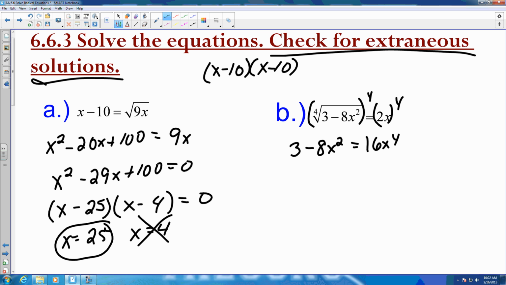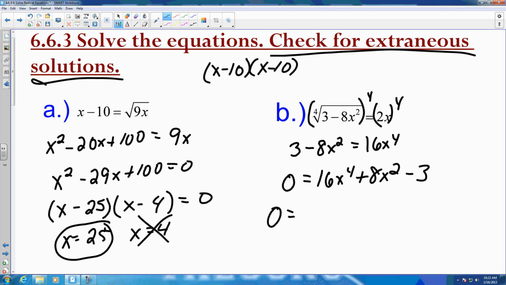Now I want to have my largest degree, which is x to the fourth, as a positive coefficient. So I'm going to move everything to the right-hand side of my equal sign. So I'm going to have 0 equals 16x to the fourth plus 8x squared minus 3.